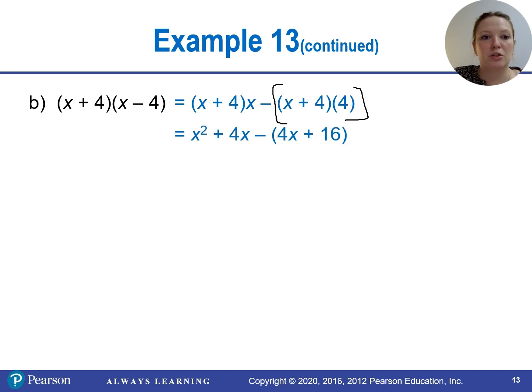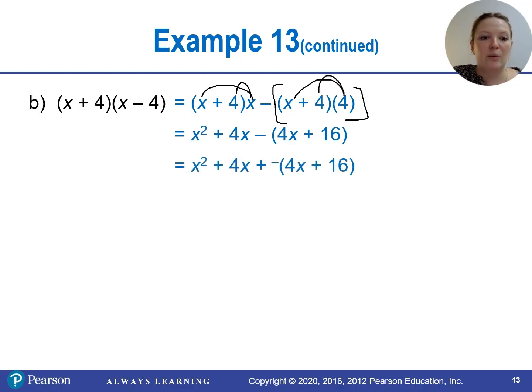So we would distribute x to x, and we get x squared. x times 4 is 4x. And then we subtract all of 4 times x, or 4x, and 4 times 4, so plus 16. So we subtract that entire expression.